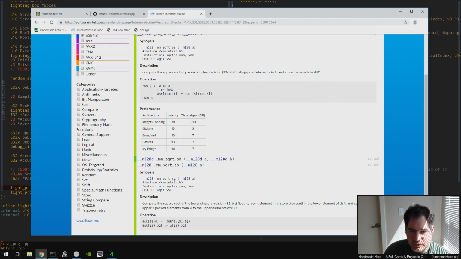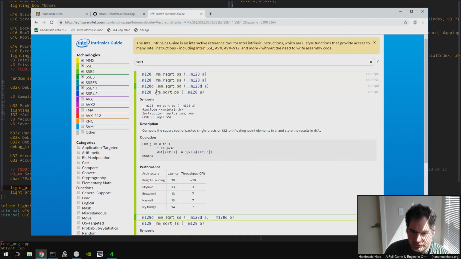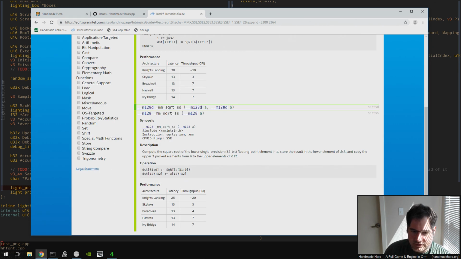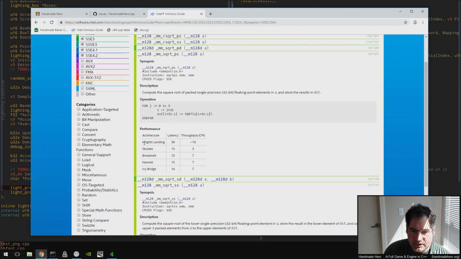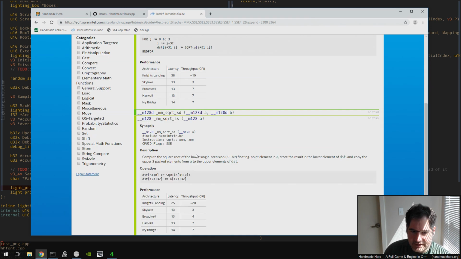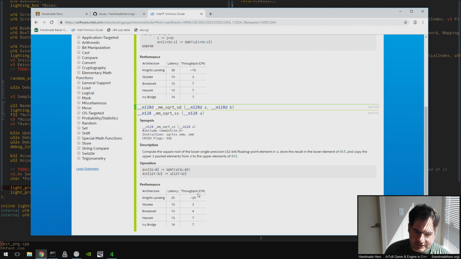The difference between the SS and the PS is just whether it does 4 at a time, which is the sqrt PS, or whether it does just 1, which is the sqrt SS, right? Now, ignore Knight's Landing. It has nothing to do with gaming. That's an HPC part, it's a Larrabee core thing. Just ignore that.